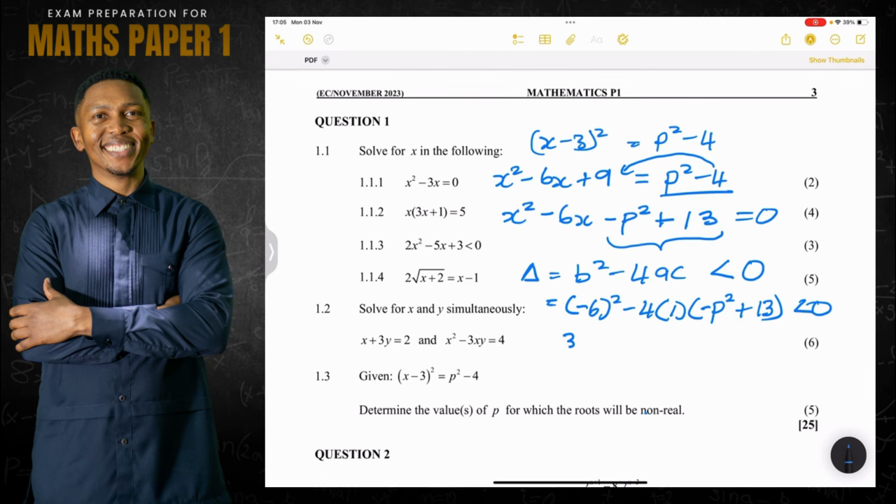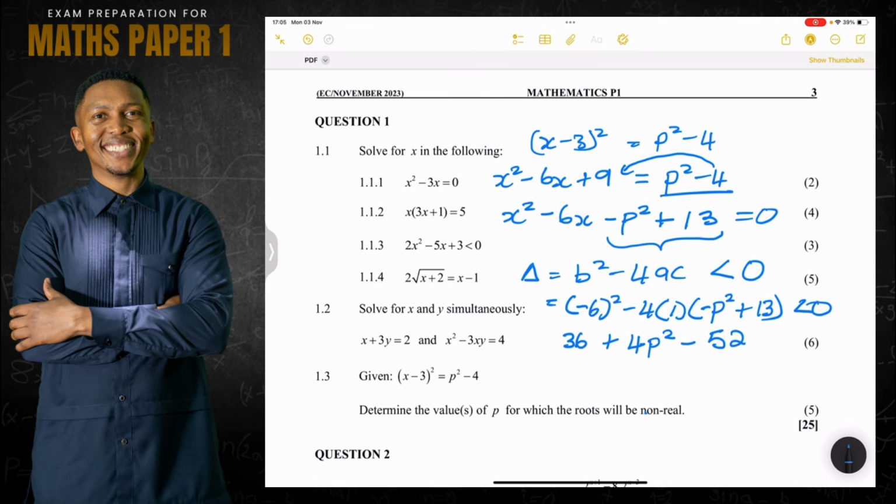This gives us 36 + (−4)(−p²), that's positive 4p², and −4 multiplied by 13, that's 4 times 13, which is 52.